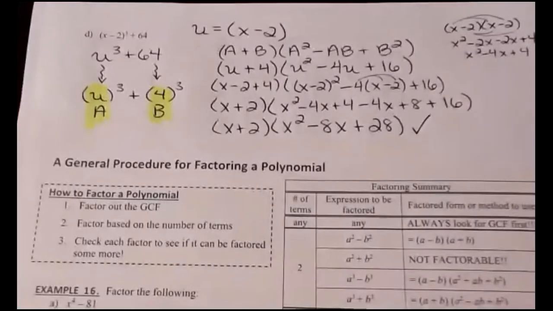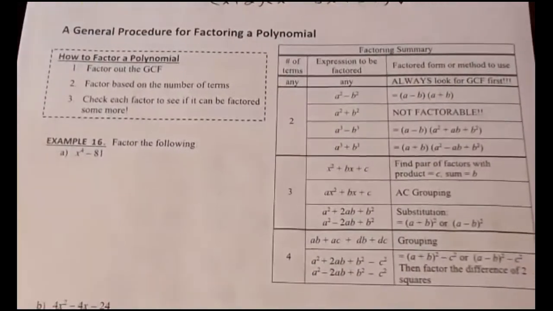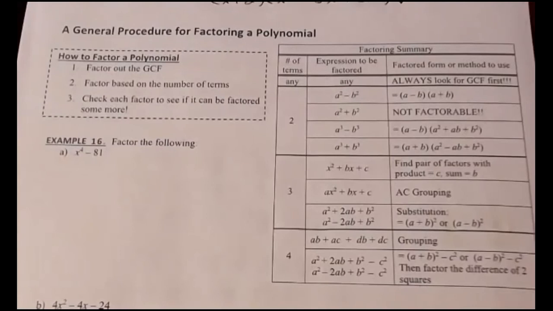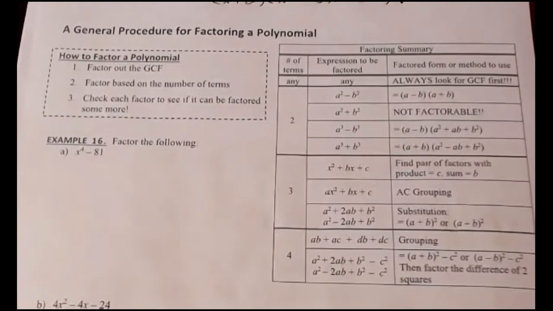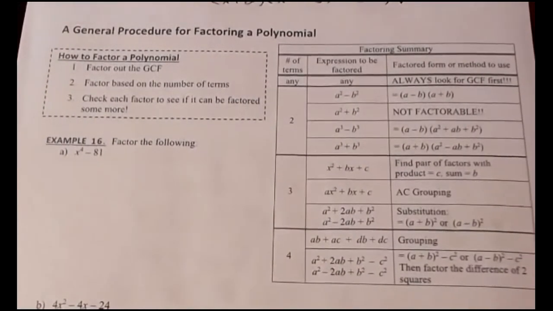Let's check it out. We left off on a general procedure for factoring a polynomial. Essentially, what does it look like if you combine all these rules and you're not explicitly told, hey, use AC grouping, or hey, use U substitution. So I wanted to look at several different problems, kind of a combination of all of these.